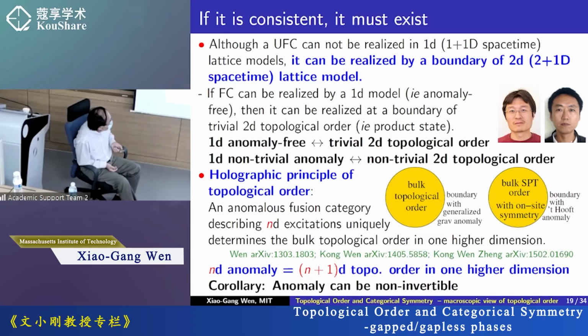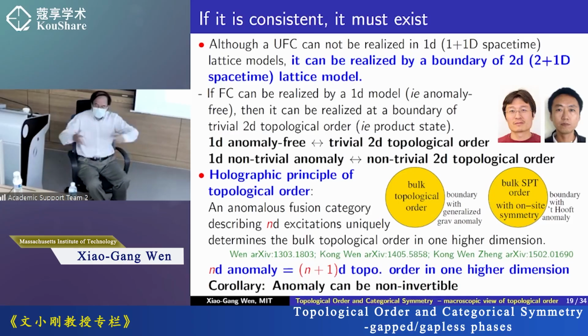Okay, and so this n-dimensional anomaly and n+1 dimensional topological order have a one-to-one correspondence. Actually, they are basically the same thing.